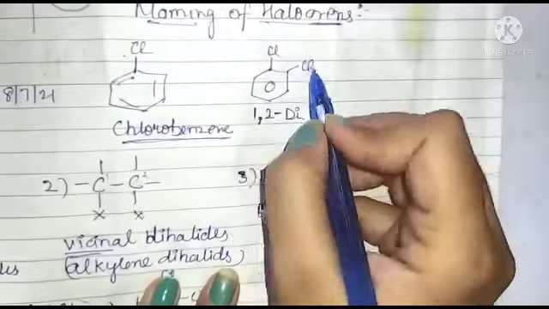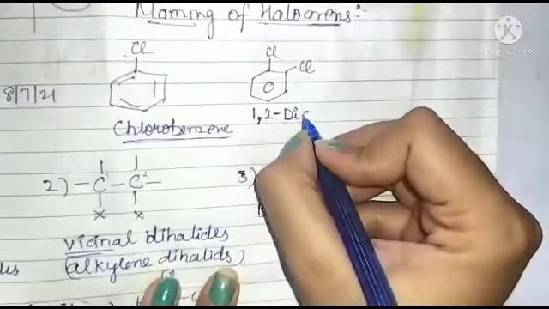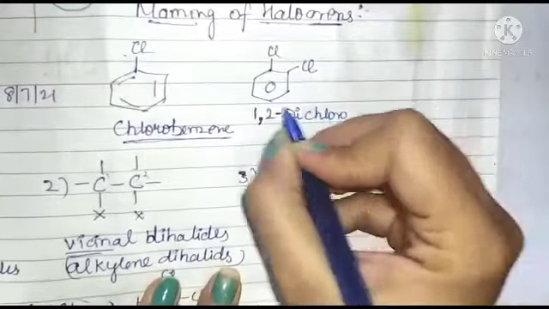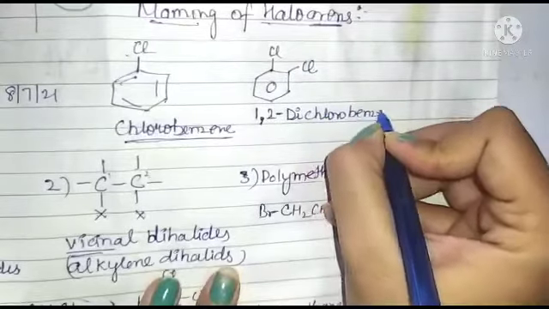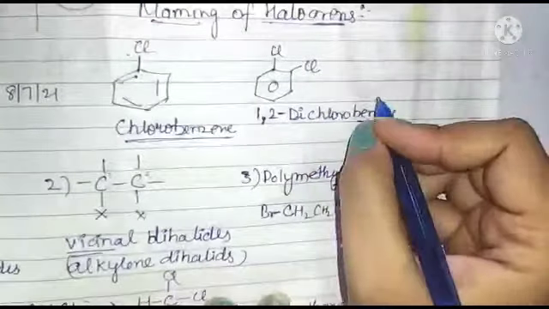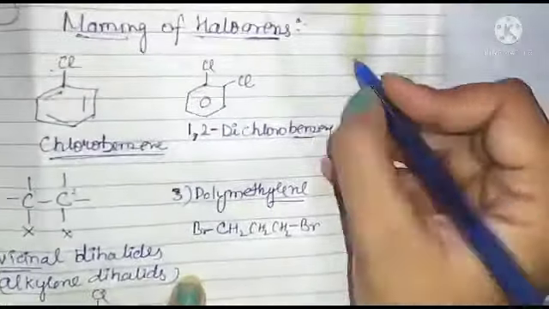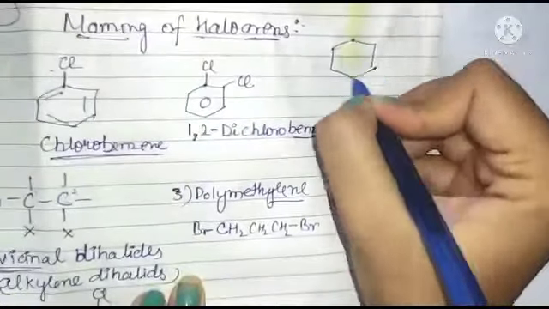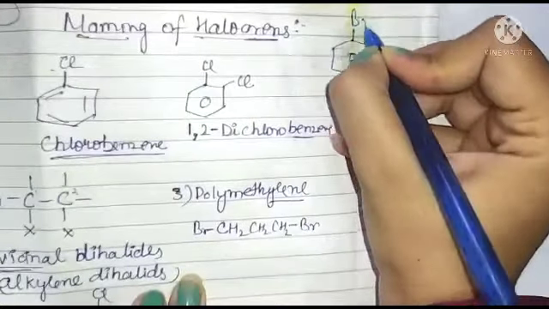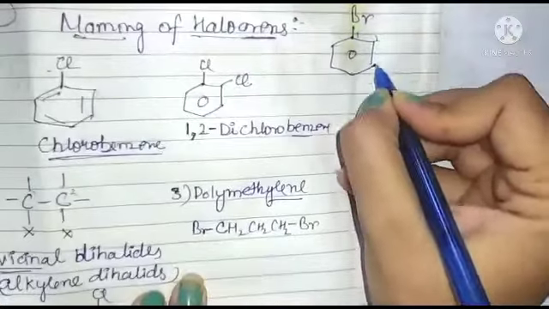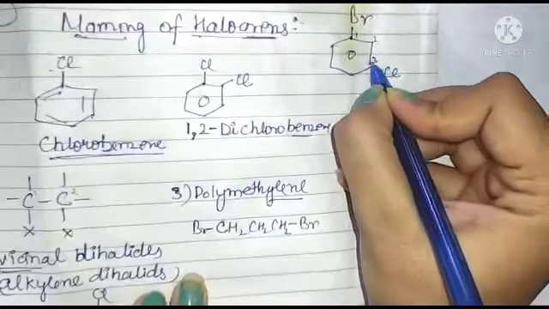As you can see here, we have two chlorine, so I'm writing here dichloro. Next is benzene. Clear? Similarly, like that, if we have different elements present, okay, if here in the first position we have bromine, in the third position we have chlorine.